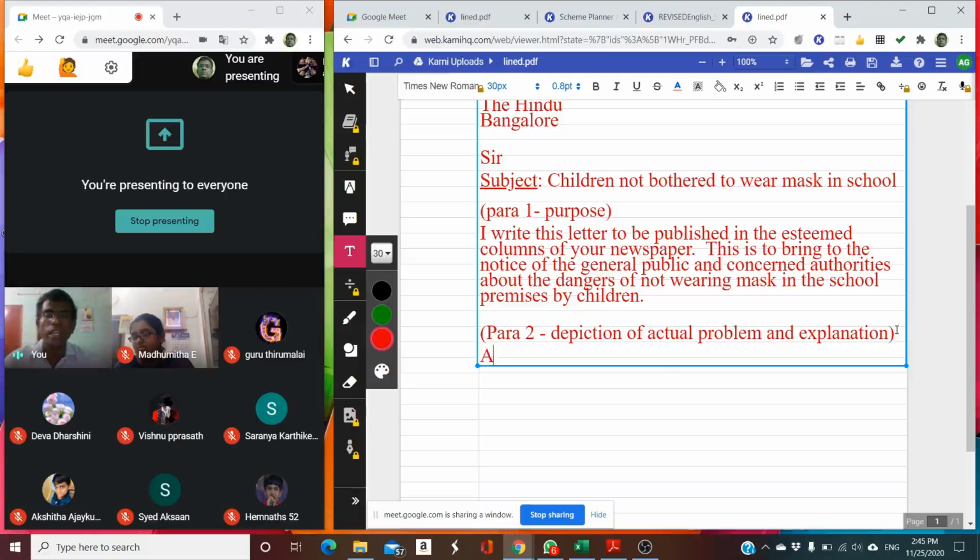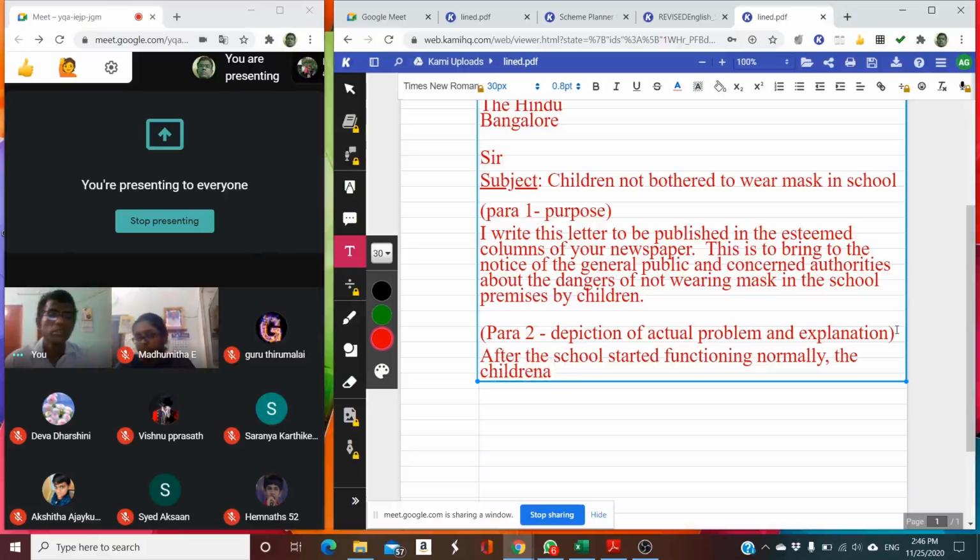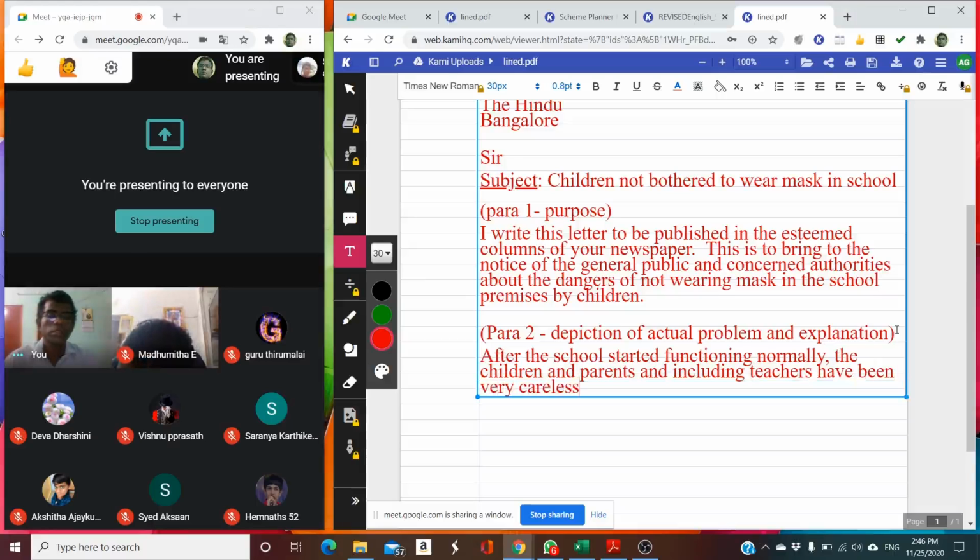So here you can write in detail: after the school started functioning normally, the teachers, including teachers, are very careless in wearing masks, etc. So he can write many more points.